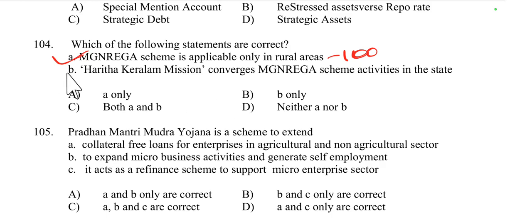Then statement 2, Haritha Keralam Mission converges MGNREGA scheme activities in the state. So in Kerala, Haritha Keralam Mission does converge the activities of the MGNREGA scheme in the state, focusing on environmental and agricultural sustainability. So here both A and B are correct. So both A and B is the right option.